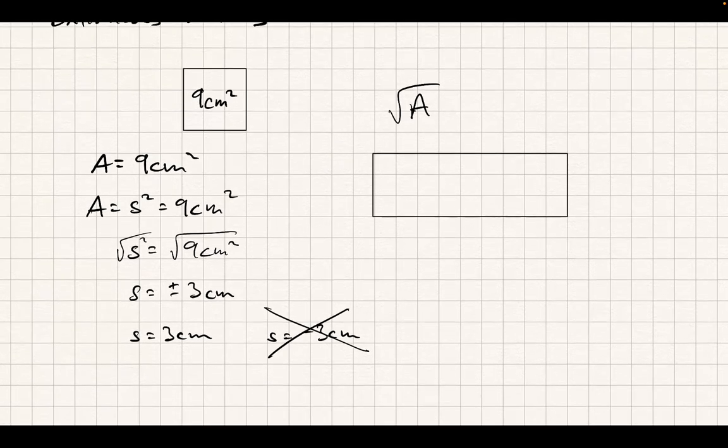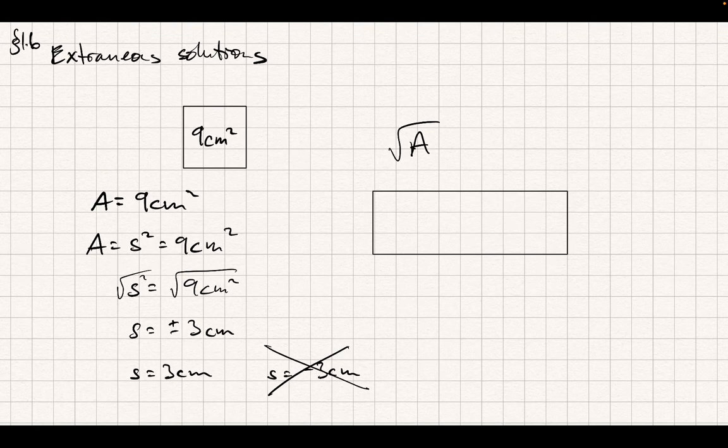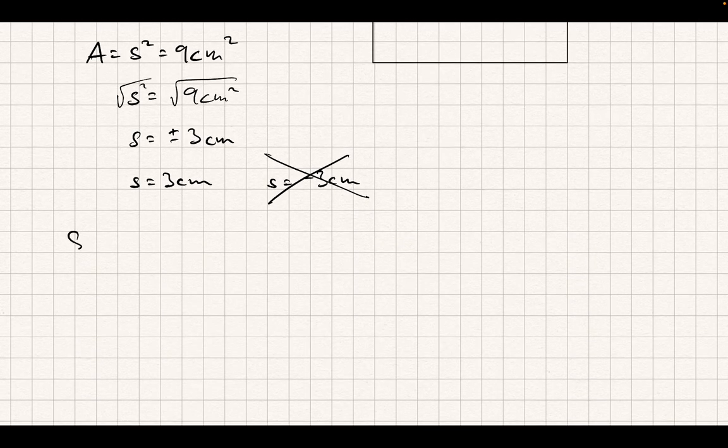All right, so we can see that a negative solution for side length would be a cause of an extraneous solution. You could also have extraneous solutions from squaring. For example, if you had the square root of x equals -3, we know that the principal or positive square root can't equal a negative number.